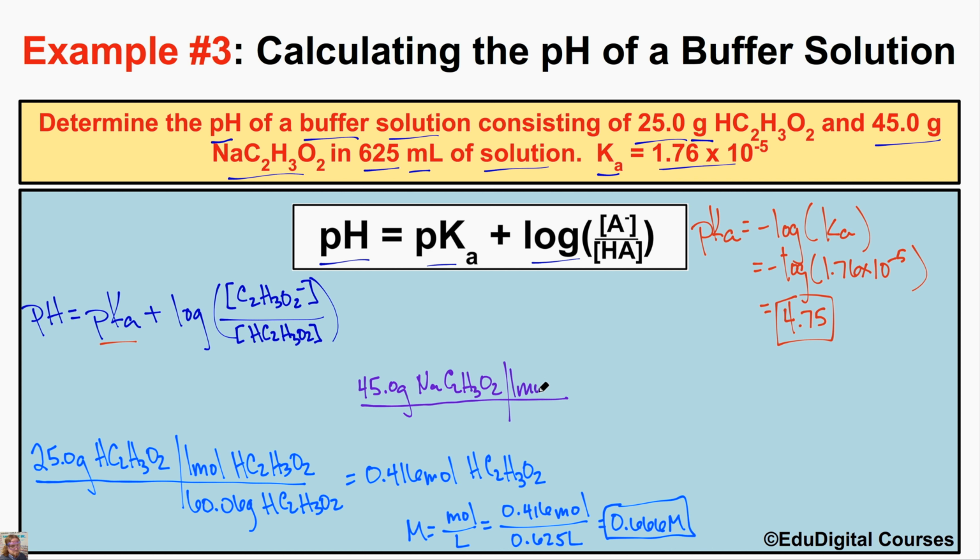We know 1 mole of NaC2H3O2 is going to have a mass of 22.99 plus 2 times carbon, which is 24.02, plus 3 times hydrogen for 3.03, plus 2 times oxygen, which is 16 for 32, is going to give us 82.04. Not Na2, just simply NaC2H3O2.